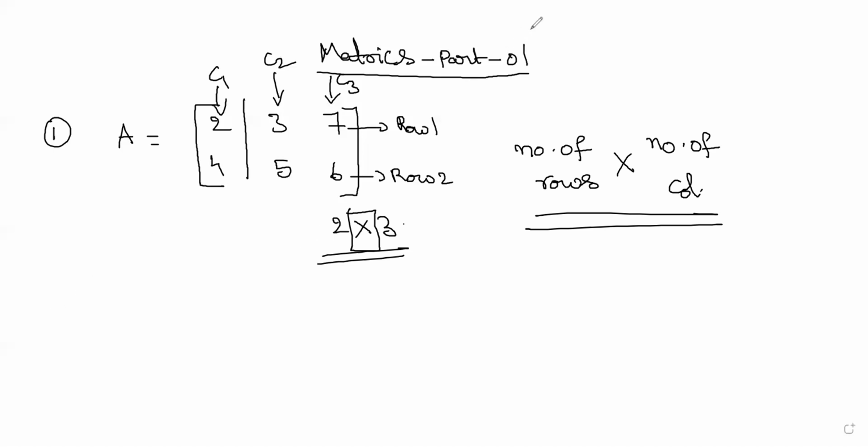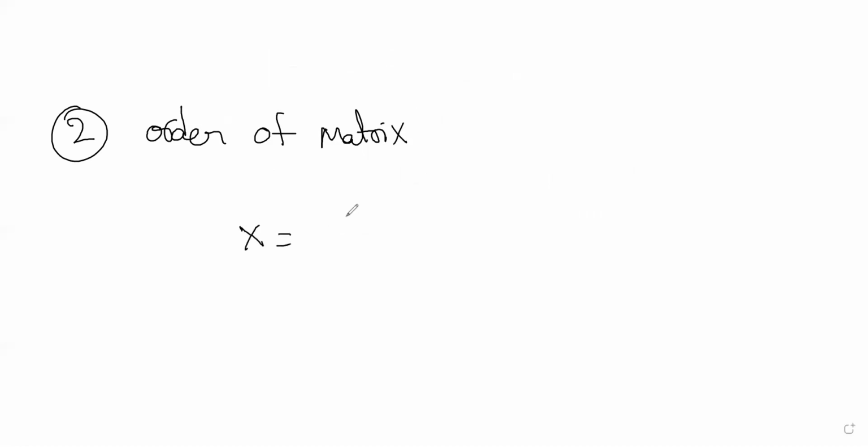Now let us take another example. In the order of matrix, the second part is, let us take another matrix x with entries 1 3 7 in a column.